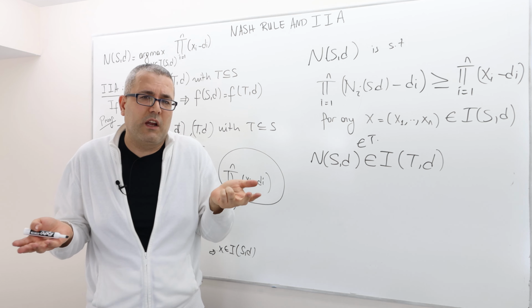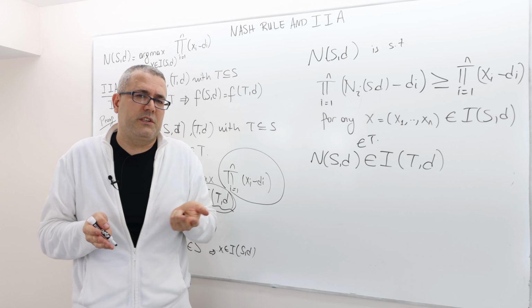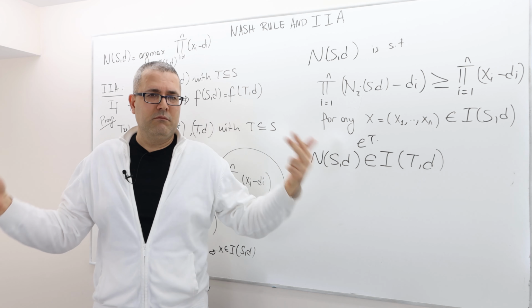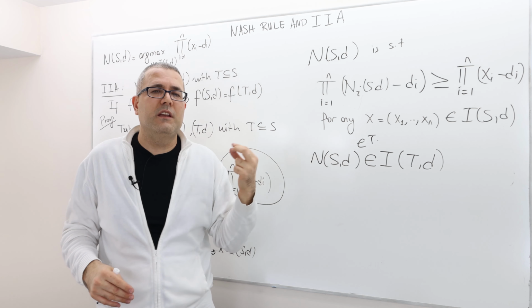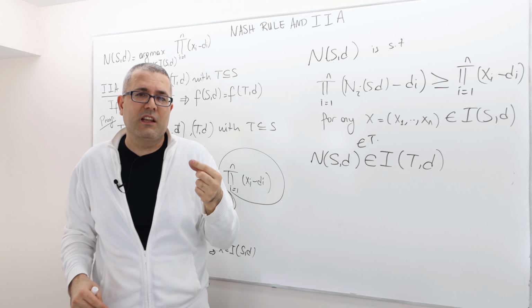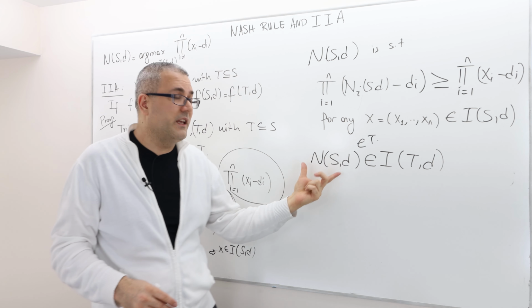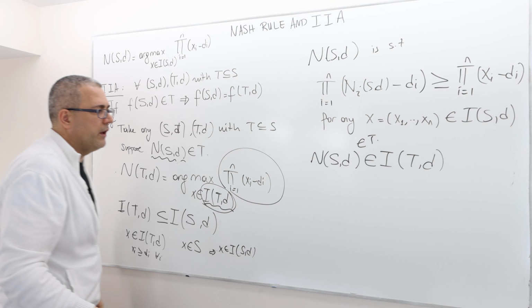It is individually rational for a larger set, so it must be individually rational for a smaller set, because individual rationality has nothing to do with being larger or smaller. It's all about whether this payoff vector is greater than the disagreement point, and it is. So it must be an individually rational payoff vector.